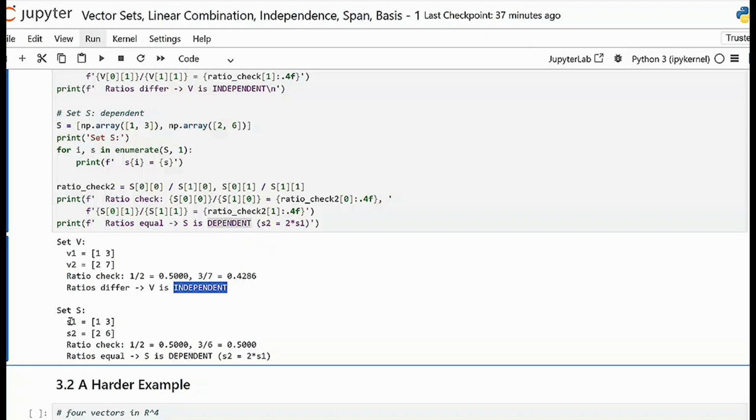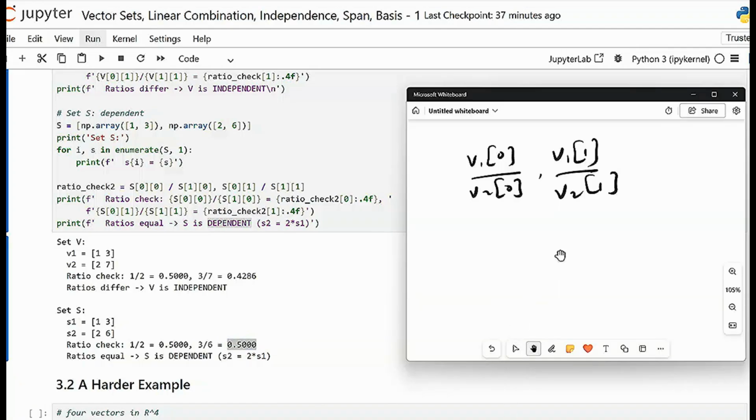Now next, kindly observe the set S here. Both the ratios are 0.5 and 0.5. But there is one thing, dear friends: S1 is 1 comma 3 and S2 is 2 comma 6.